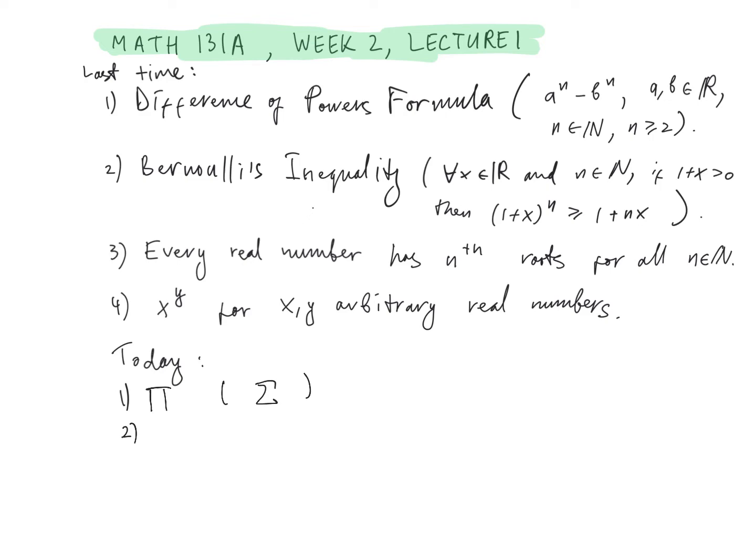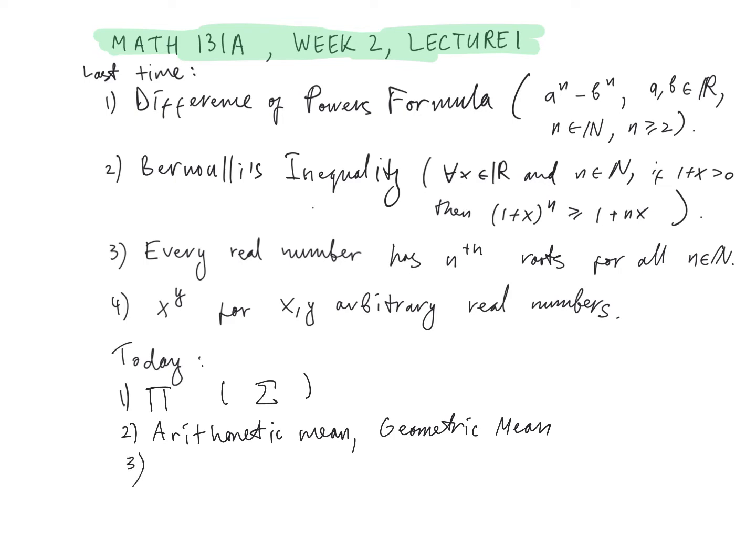Namely, we will define the arithmetic mean and we will define the geometric mean. These are two ways to average a sequence of real numbers with respect to the summation or with respect to the product in the corresponding cases.